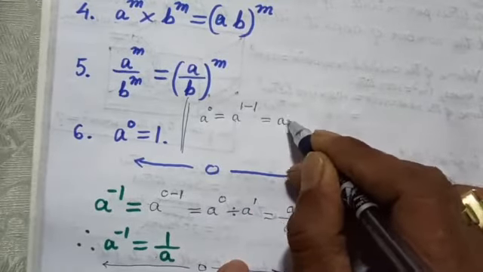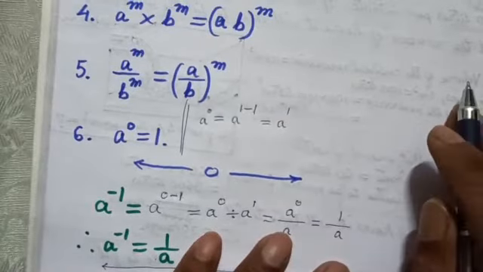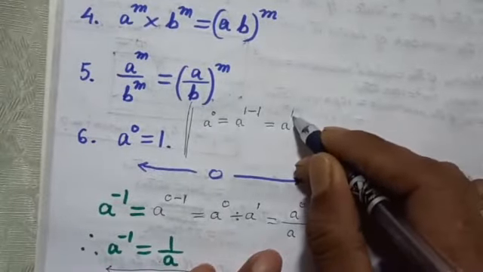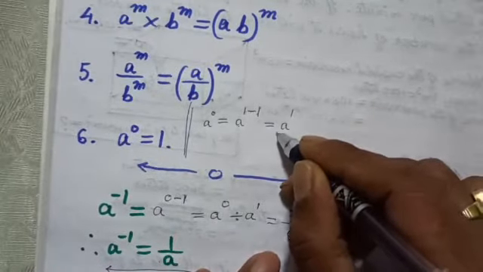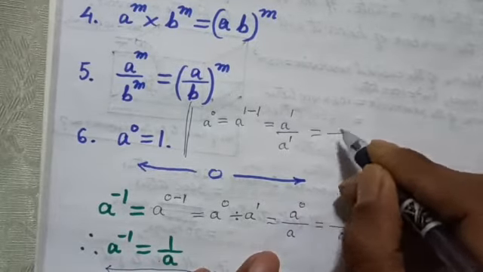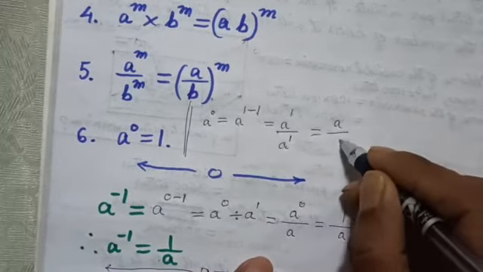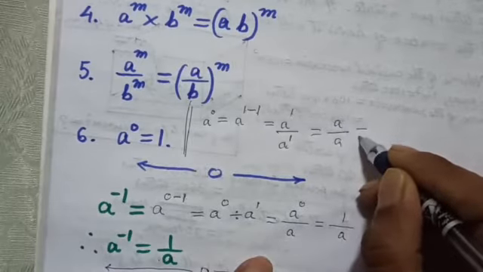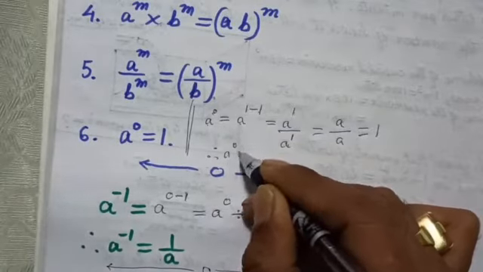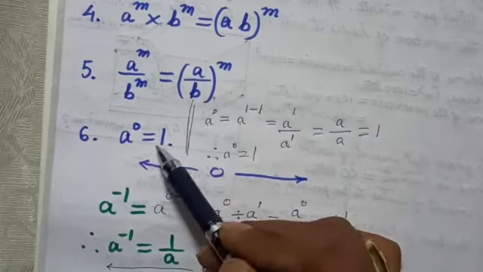Next, using law number 2, we can write a to the power 1 divided by a to the power 1. If the power is 1, we do not keep the power, so a divided by a. If a is divided by a, then we get 1. So therefore a to the power 0 is equal to 1. So law number 6, a to the power 0 is equal to 1.